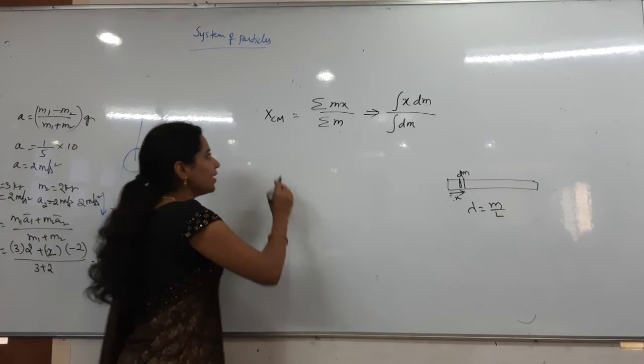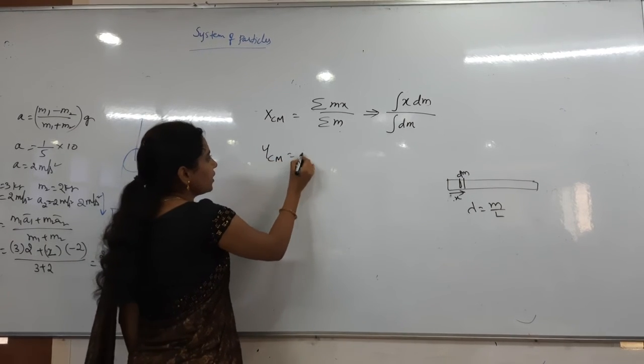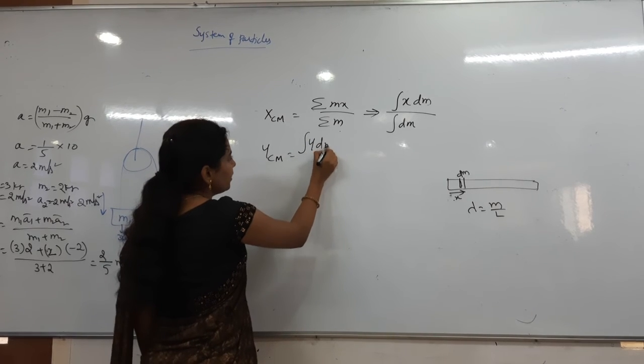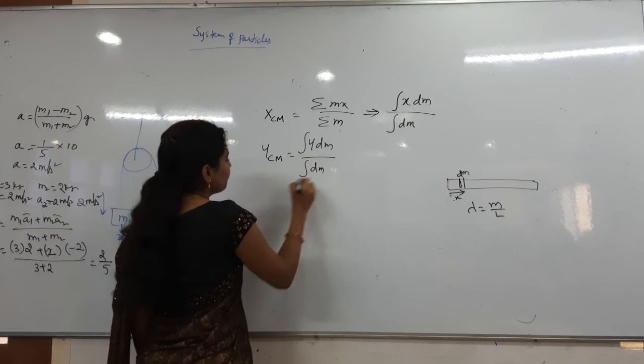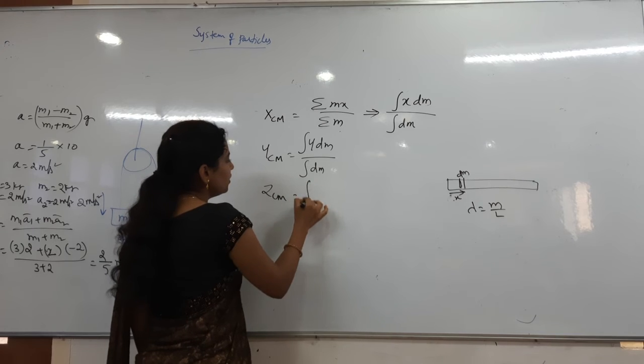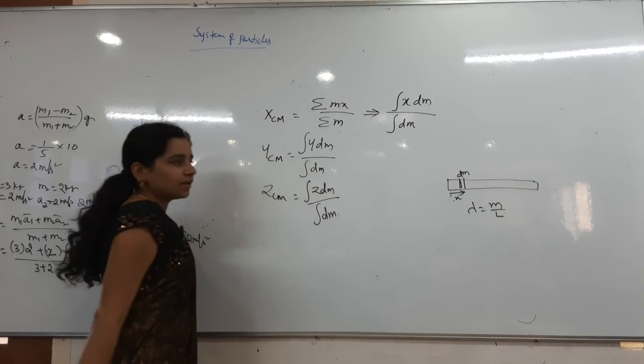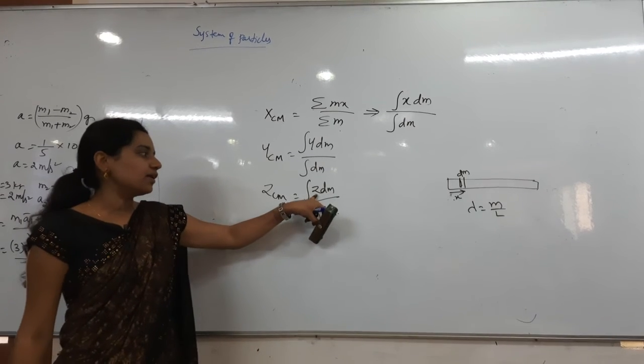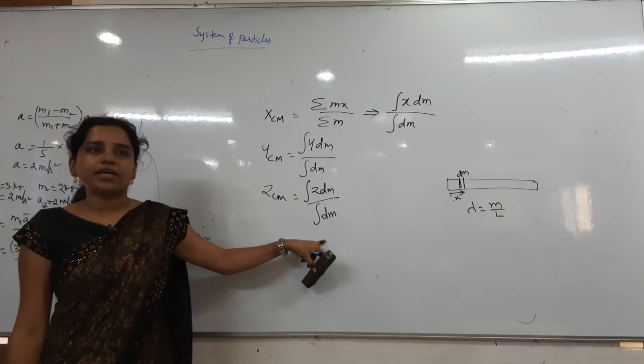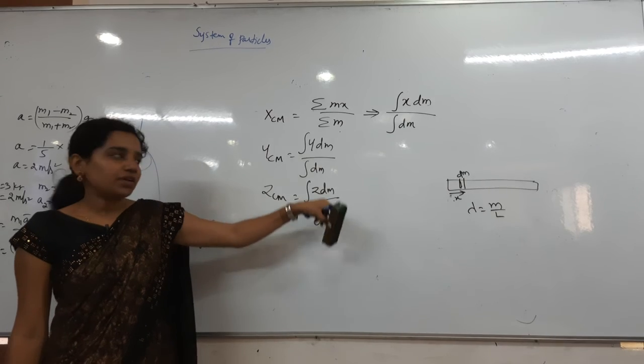Then the y coordinate, ycm, is equal to integration of y dm by integration of dm. zcm is equal to integration of z dm by integration of dm. Nothing but the product of mass and distance divided by total mass. That is the integration method.